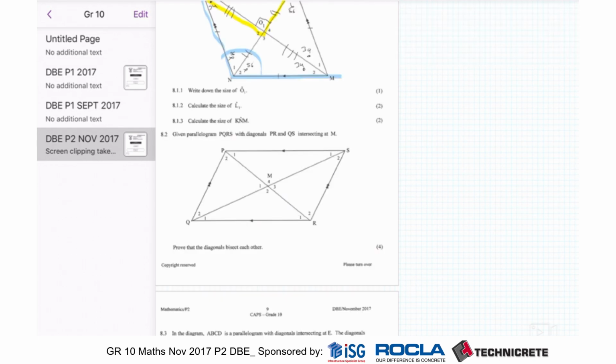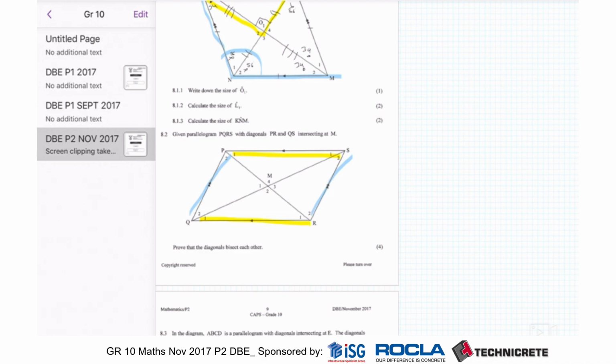Okay, so we must know how to articulate and word a proof very, very properly. So firstly, we're going to say given we've been given the parallel lines. They've given us this is parallel, they've given us this is parallel, and they've given us this is parallel. So we've got to make use of that for proving that the diagonals bisect each other. Okay, we're proving that the diagonals bisect.